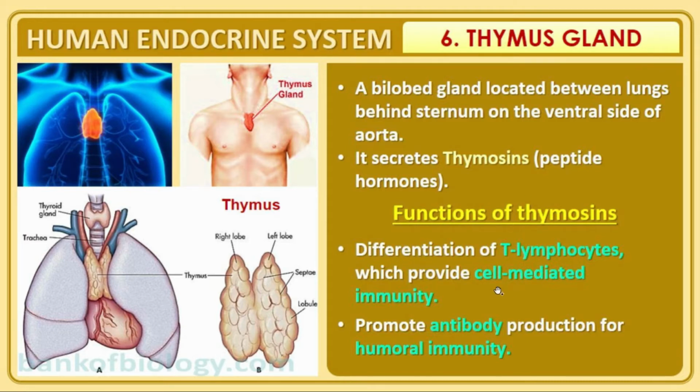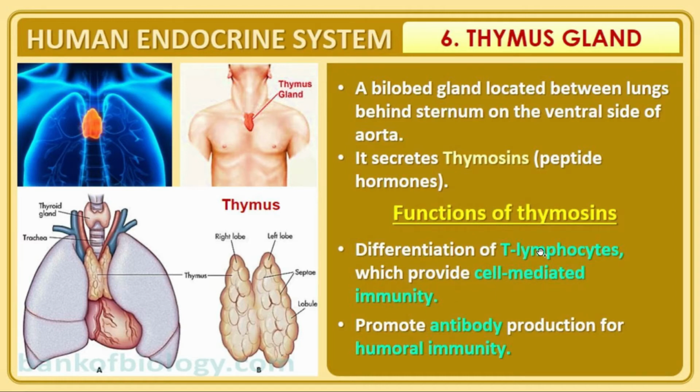Our blood cells have 2 types of lymphocytes. Our bone marrow produces 2 types of lymphocytes, T lymphocytes and B lymphocytes. Very, very important. Thymosin differentiates the T lymphocytes which provide cell-mediated immunity.